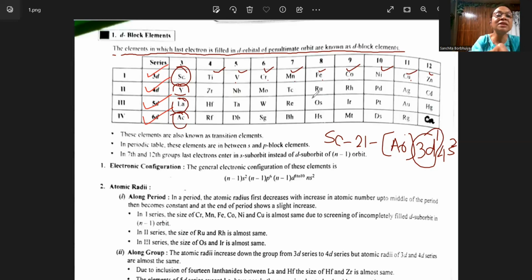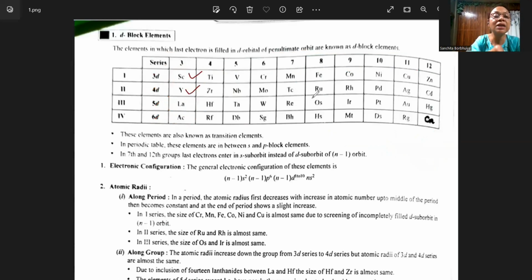The third group has scandium, yttrium, lanthanum, and actinium. I have made a small mnemonic to remember these, which is my sky lark. You can go on making your own mnemonics. The fourth group is titanium, zirconium, hafnium, rutherfordium.